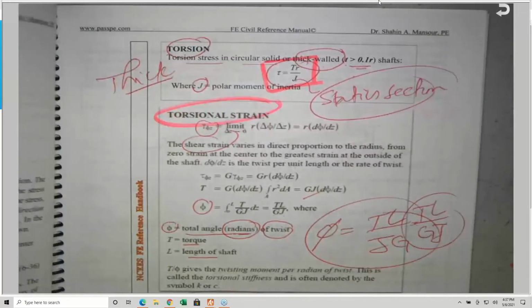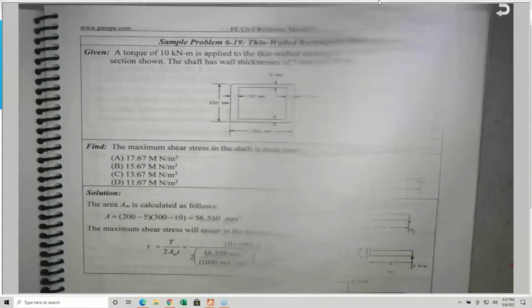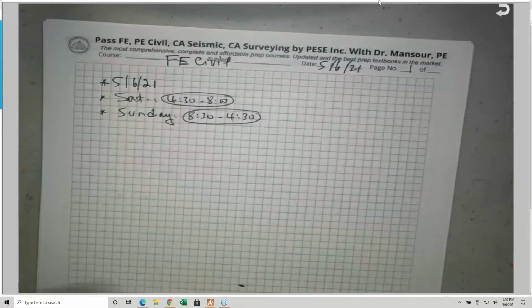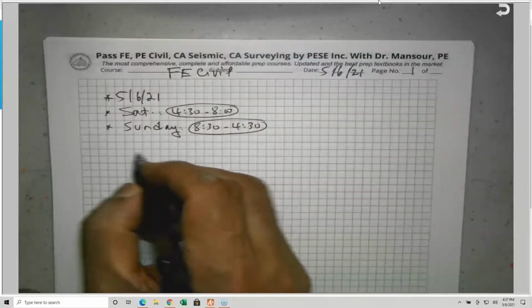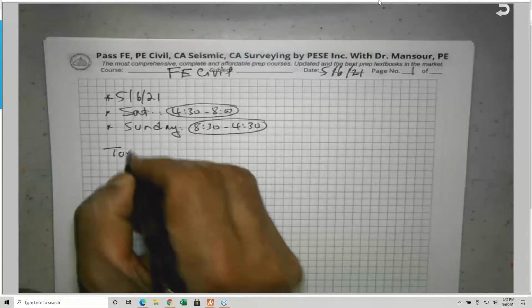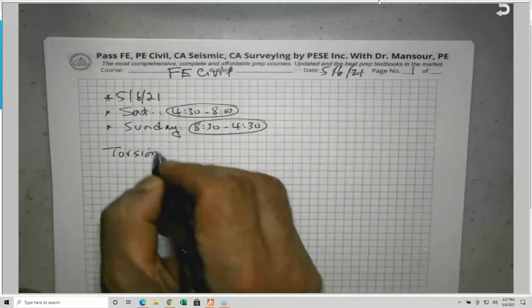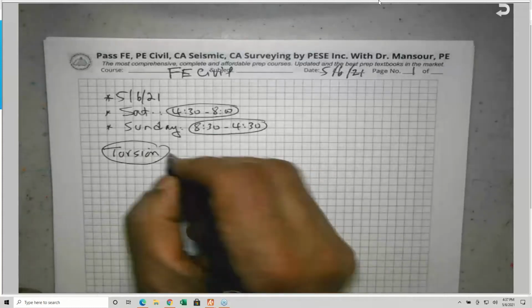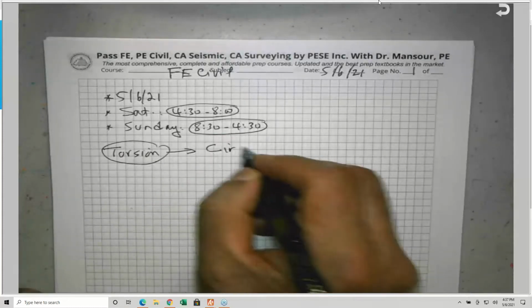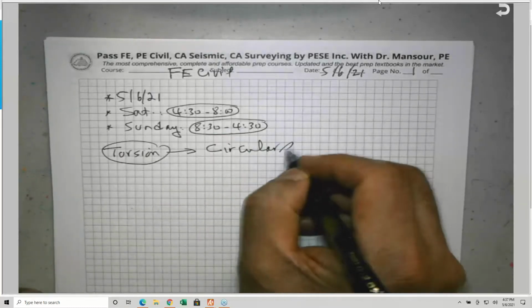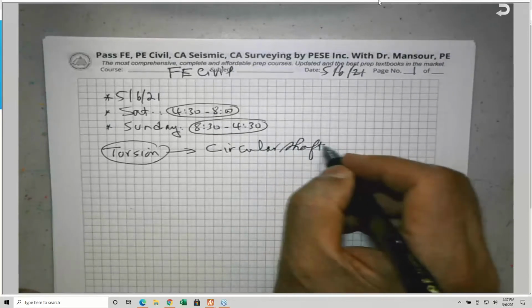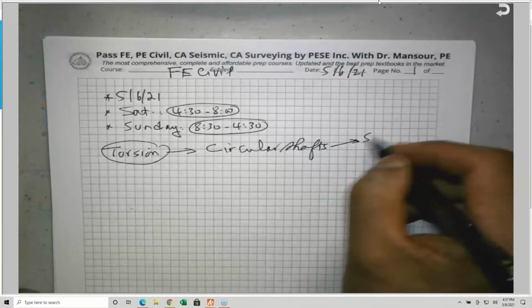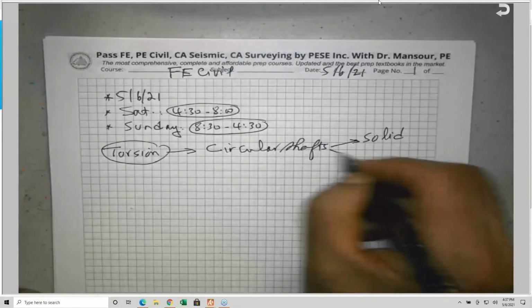Moving to the other topic, torsion. We talked about torsion. Torsion is important, and I need you to be aware that for tau there are 2 equations. Torsion for circular shafts, and the circular shafts could be either solid or hollow.